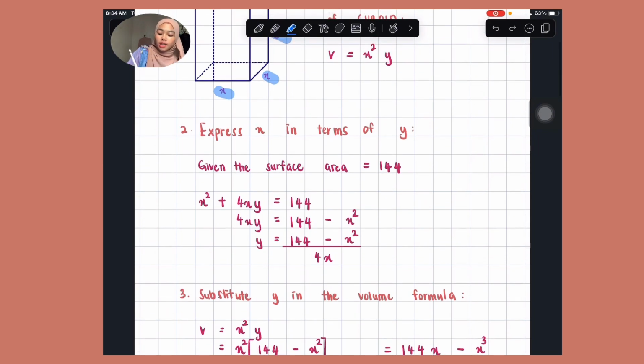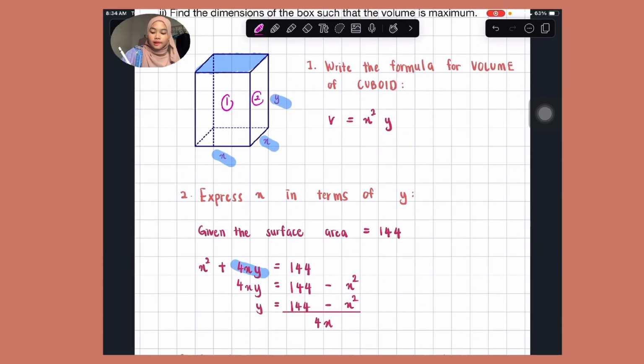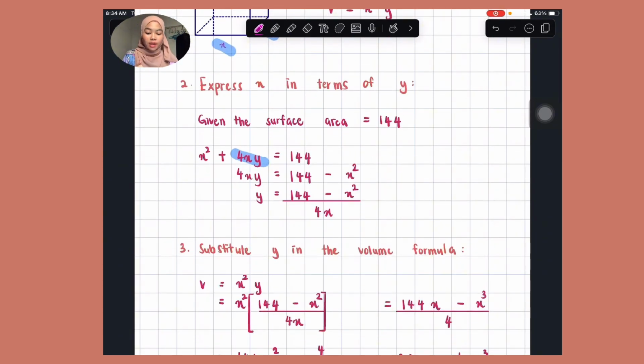The x squared is because we have a bottom only, which is x times x, and then 4xy because we have 4 sides. This is 1, this is 2, this is 3, and at the back is the 4th one.